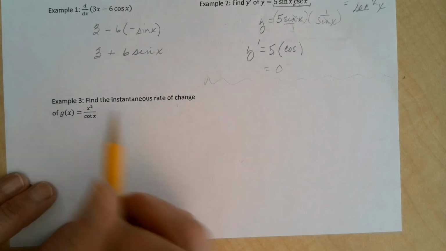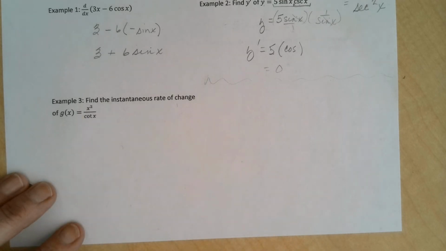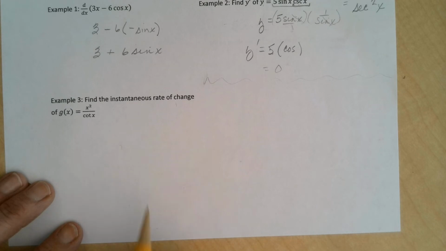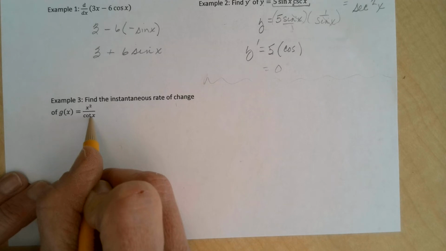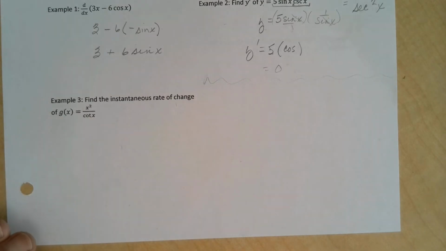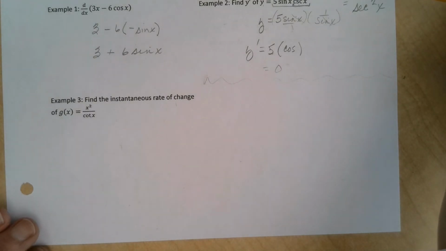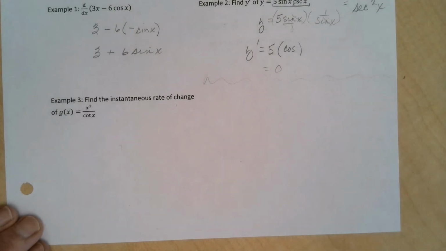Let's talk about this one. And she has us doing cotangent, which is not a part of her notes. Why did she do that? Anybody else confused?